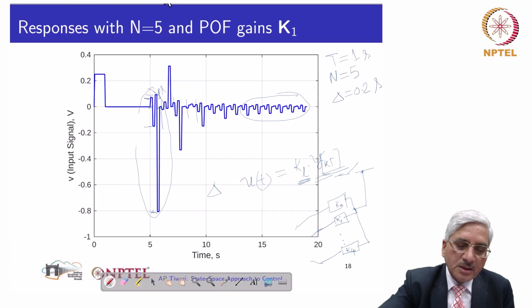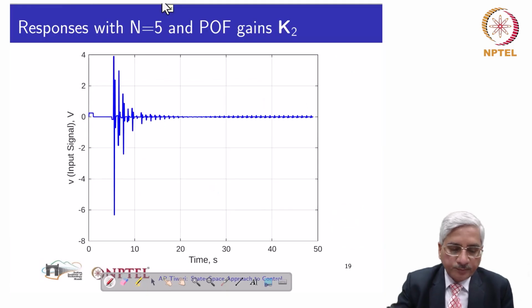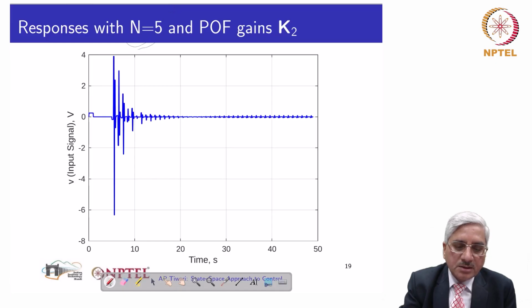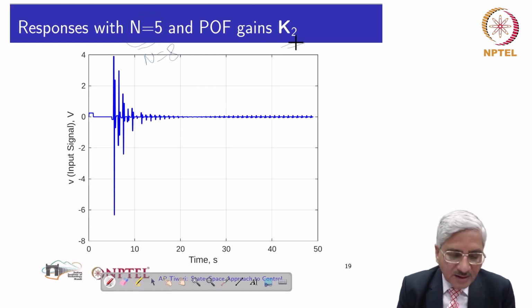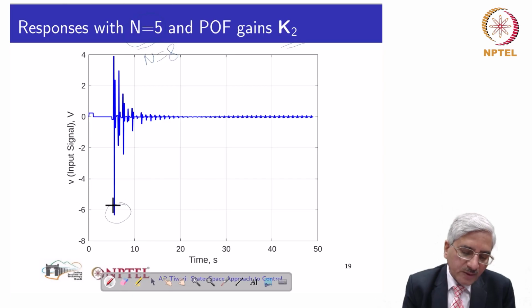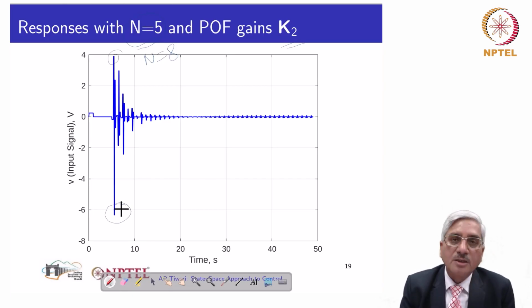Now we see the responses for n equal to 8. I'm sorry, this is a typing error. This is n equal to 8, and the set of gains k2. Now, as this was a bad design, you can see that input variation is much larger. It is minus 6 volt and plus 4 volt.